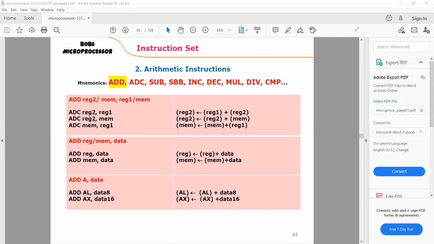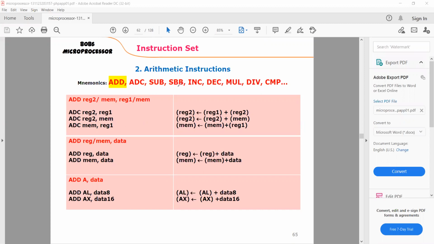From the slide you can see that the different arithmetic operations are mentioned here. The first one is ADD, which means add. Next one is ADC, which means addition with carry. The next one is subtraction, and the next one is subtraction with borrow.